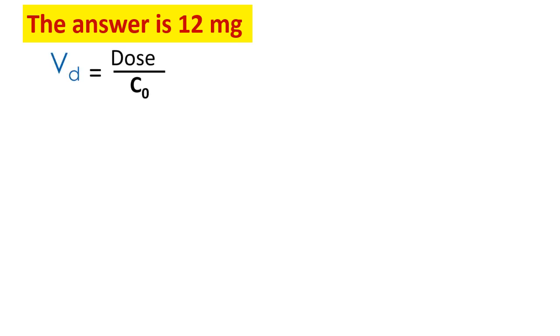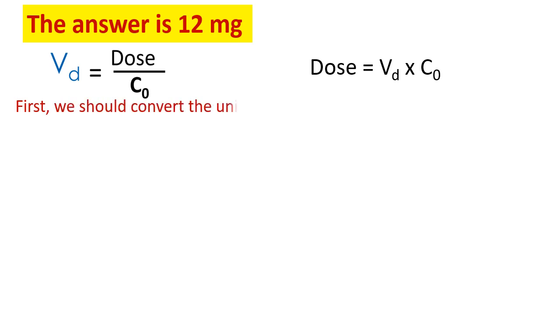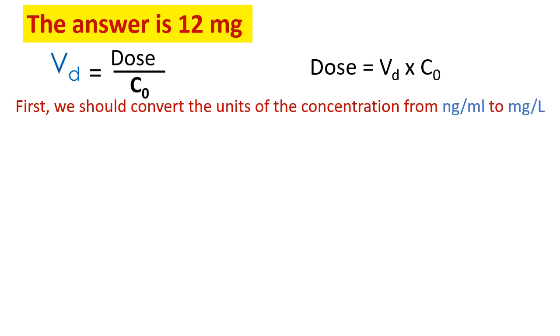VD equals dose divided by C0. So dose equals VD multiplied by C0. First, we should convert the units of the concentration from nanogram per milliliter to milligram per liter. 1 nanogram equals 10 to the negative 6 power milligram, and 1 milliliter equals 10 to the negative 3rd power liter.